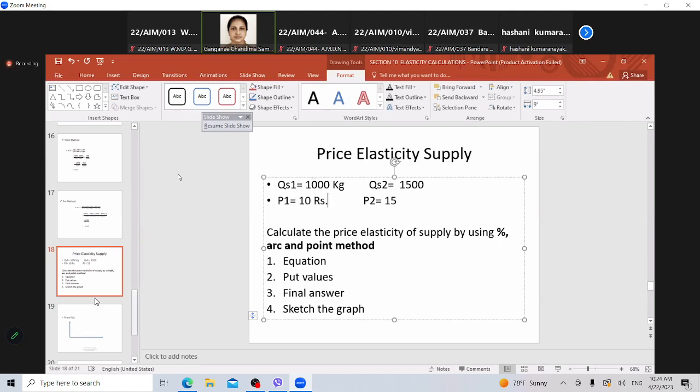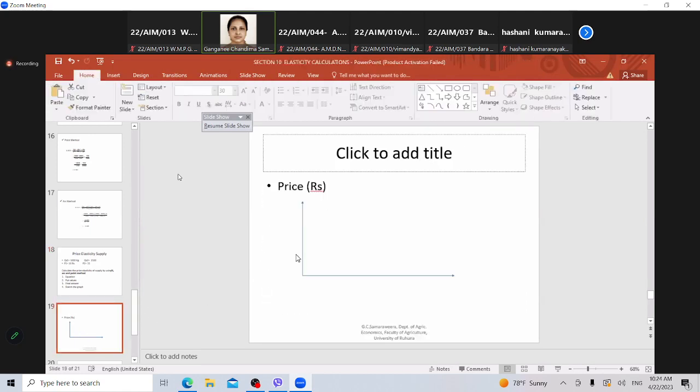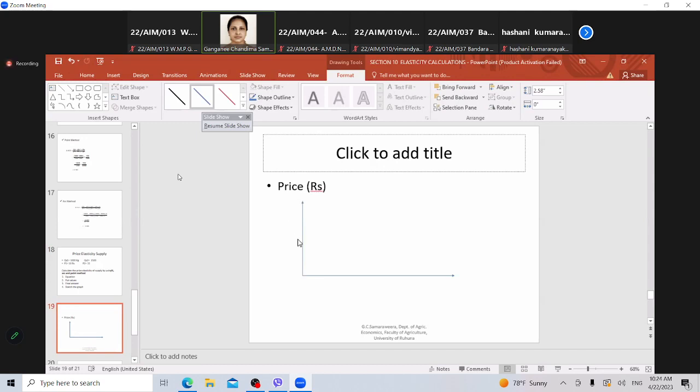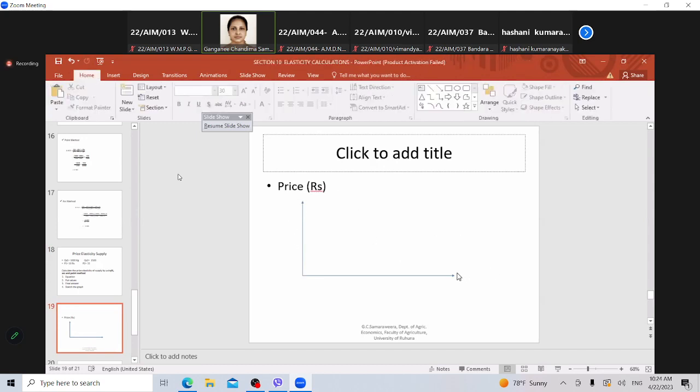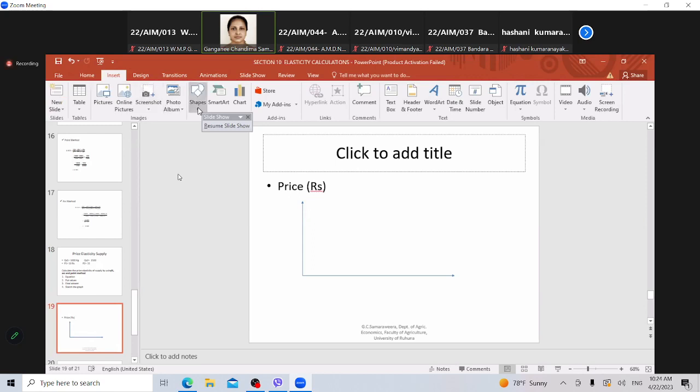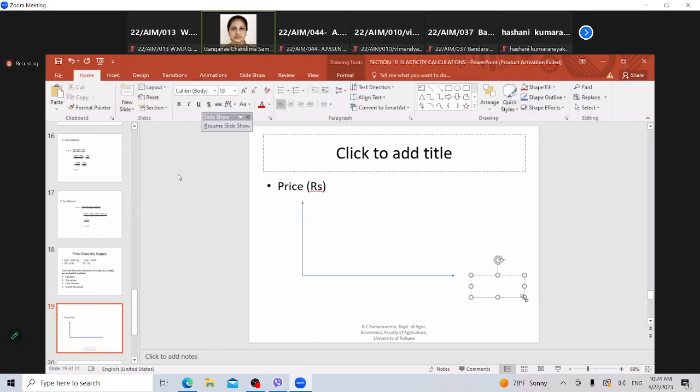So I think prices we can divide like 5, 10. I don't know actually how to put it here, I'll just explain the way. Let's say the quantity supplied is in kilograms. If you draw this, you can get 2 to nearly 4 marks.